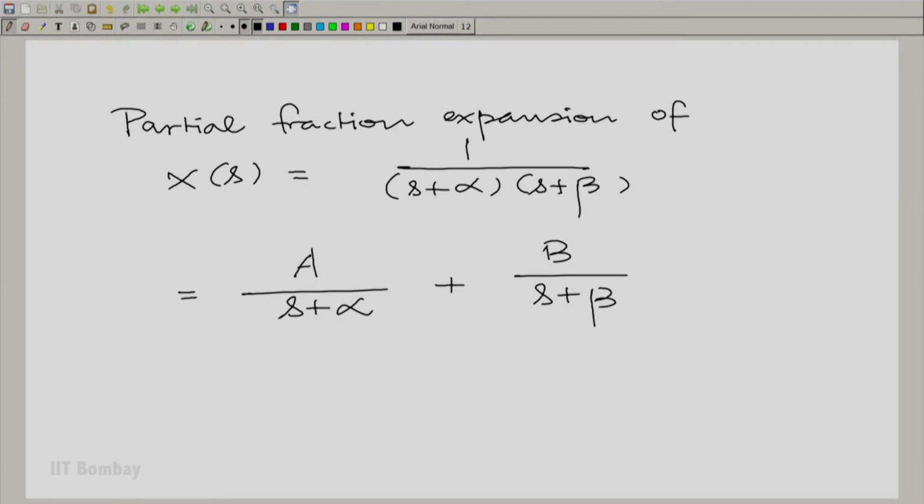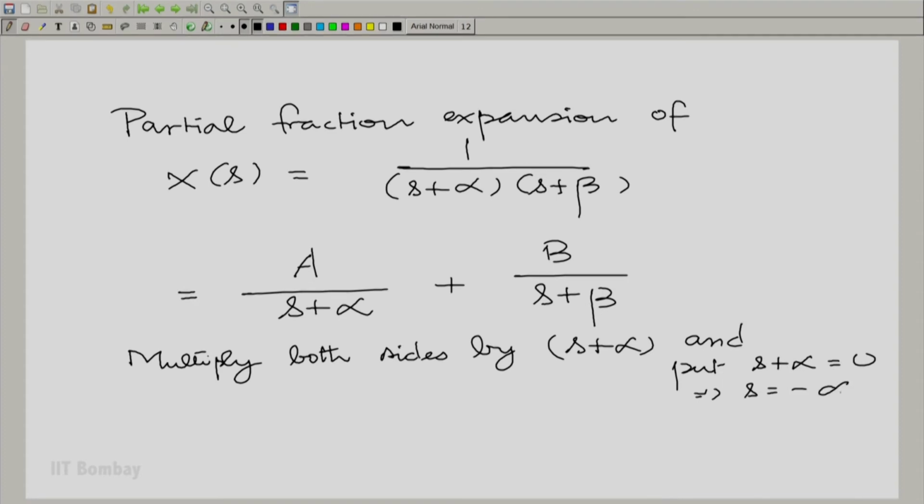And how do we determine a and b? It is very simple. Multiply both sides by s plus alpha and put s plus alpha equal to 0.